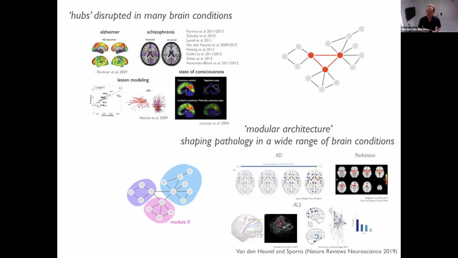But many others have also reported that they might play a role in other disorders like Alzheimer's. So this suggests that hubs might play an important role in brain pathology in a wide range of disorders. And at the same time, modularity has also been suggested to be a key player in shaping pathological patterns, not just in one disorder, but a range of disorders.